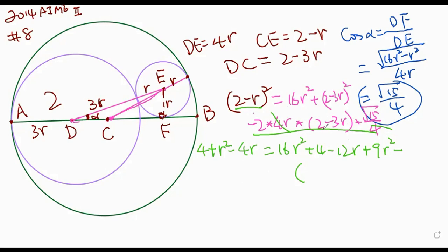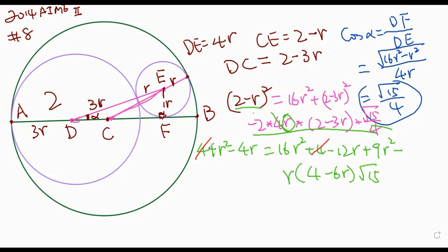So 2 times 3 times 4 minus 6R times square root of 15. And here is another, right? Now we can do something to cancel. This is 4, this is 4.